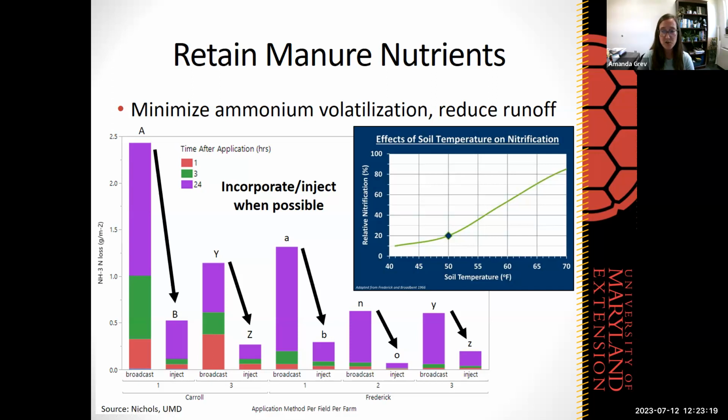So in this graph here, you can see that as soil temperatures are increasing, we have an increase in nitrification. And so if we can apply manure when we have cooler temperatures and not quite as hot out, we'll typically see a little bit less losses and we'll be able to retain more of those nutrients in that manure.